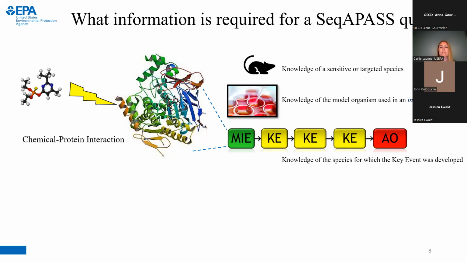And then as Dries also spoke about, in the context of the adverse outcome pathway framework, we may have identified an individual species that's typical within the AOP wiki, or a handful of species for which the molecular initiating event or early key events have been defined. And that species and protein interaction could be the initial starting point for the SeqAPASS query.